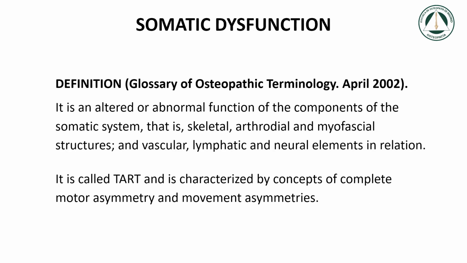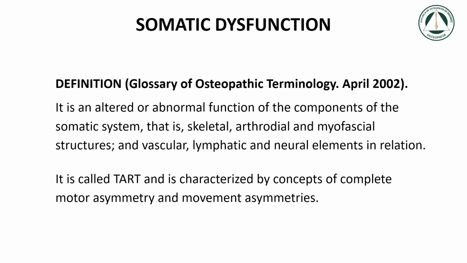The definition of somatic dysfunction, according to the Glossary of Osteopathic Terminology, is as follows. It is an altered or abnormal function of the components of the somatic system, that is, skeletal, arthrodial and myofascial structures, and vascular, lymphatic, and neural elements in relation.